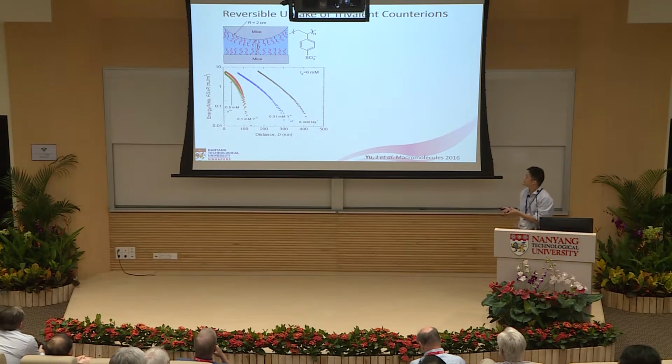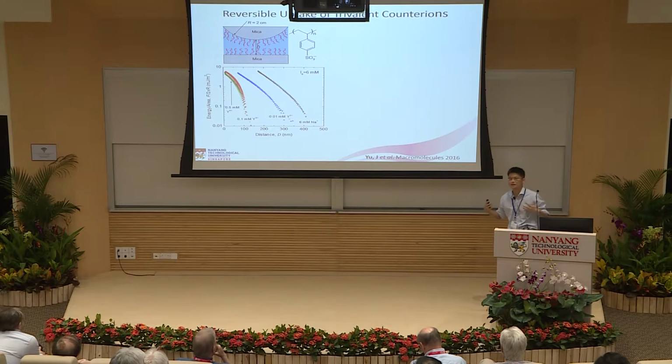But when we started to add a tiny bit of trivalent ions in the solution, we started to notice the range of repulsion dramatically decreases. If we further increase the concentration to 0.1 millimolar or 0.5 millimolar, we see the range of repulsion decreased by about 70%, and the structure stayed there, doesn't further change after the PSS brushes fully collapse.